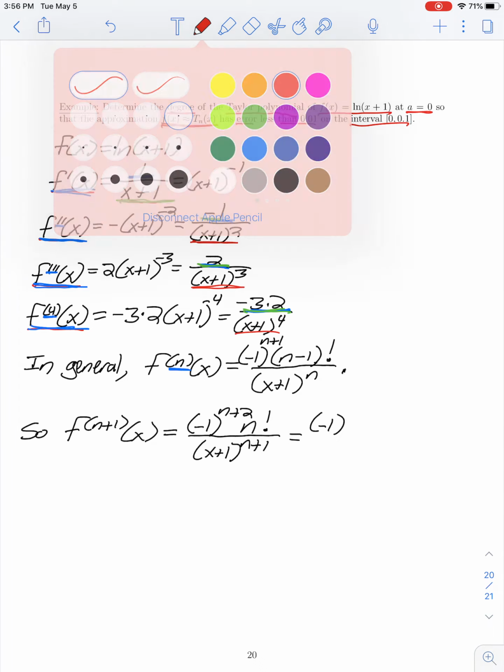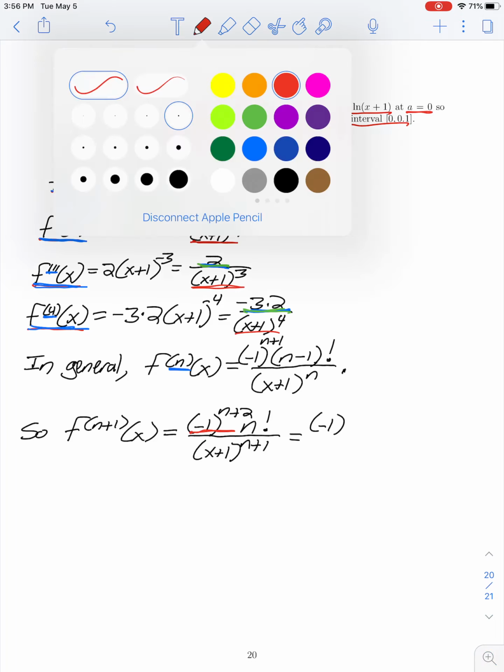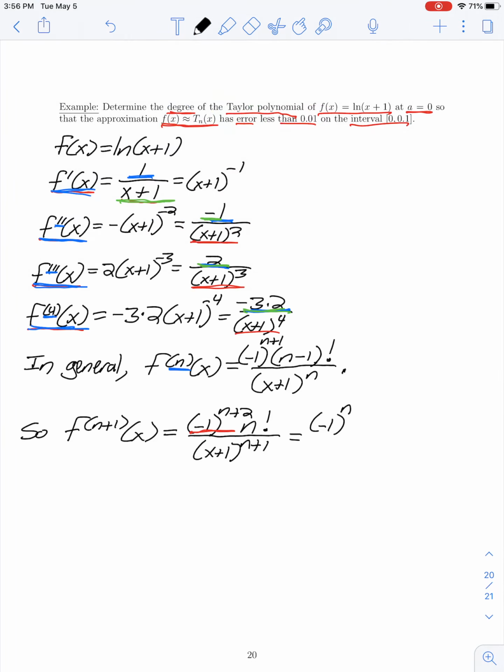I mentioned here our -1 to the n plus 2. We can think of that as -1 to the nth times -1 squared, which is just 1, times n factorial over x plus 1 to the n plus 1 power.